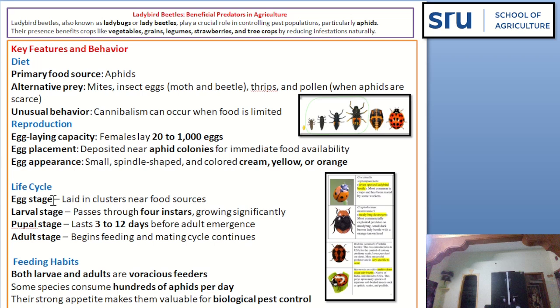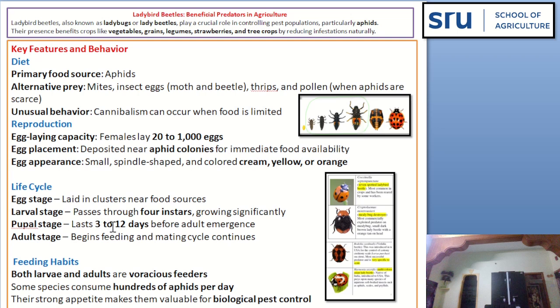Larval stage passes through four instars: first, second, third, and fourth instars. This larval stage also feeds on aphids and other soft-bodied insects.